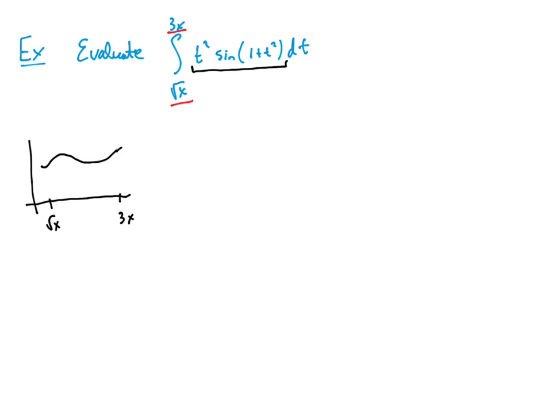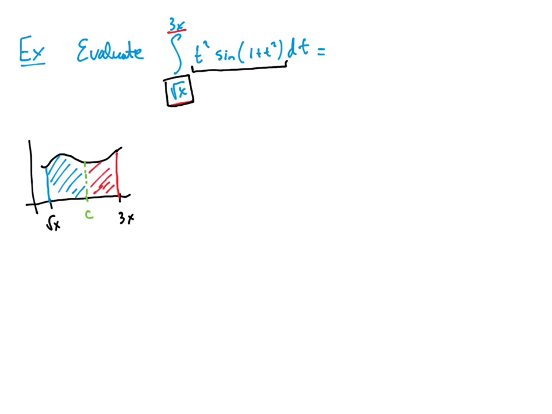Now, in order to apply part 1 of the fundamental theorem of calculus, we need a constant in this lower bound. So what we can do is split this up at c, where c is some constant, and I'm going to rewrite this integral as two integrals getting added together. So it'll be this left-hand integral and then this right-hand integral getting added together.